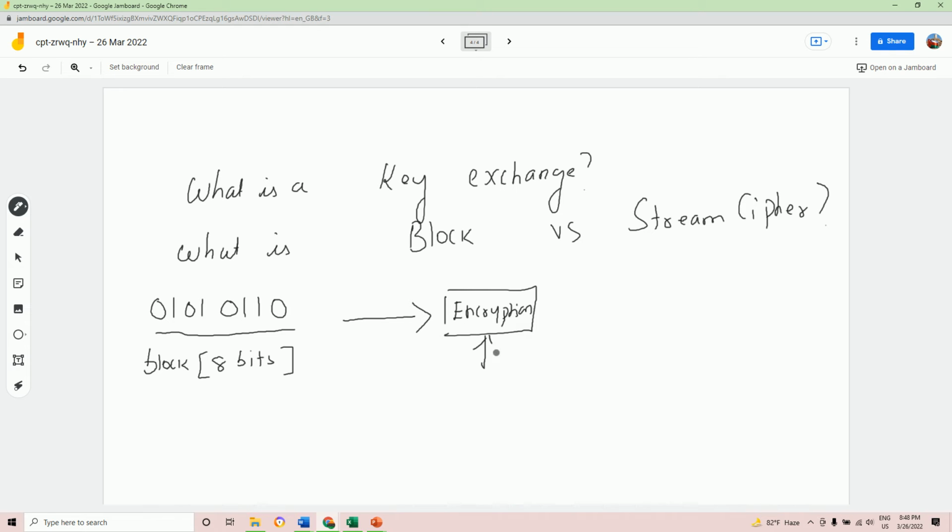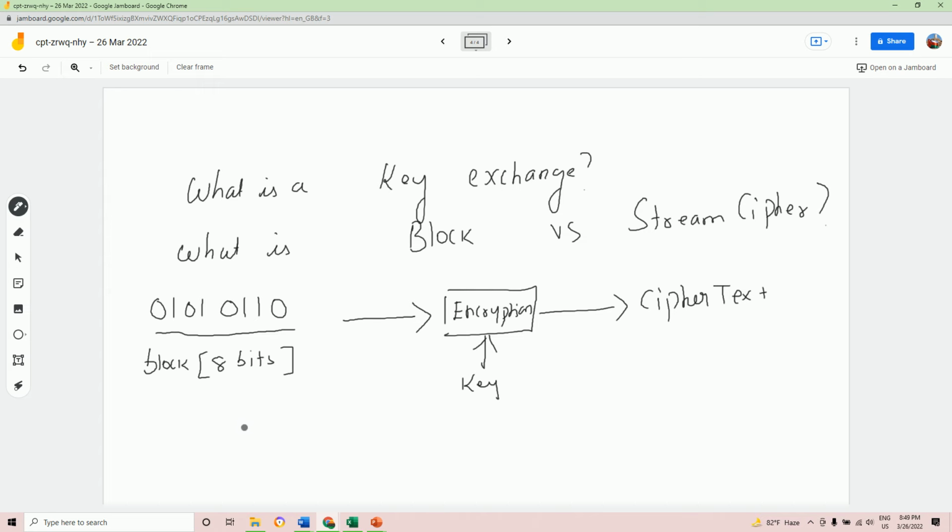Okay, then you use the key and you get the cipher text. So here the encryption is happening as a block. Okay, predetermined set of bits, group of bits, they form a block, and the encryption algorithm uses the block of data as an input.